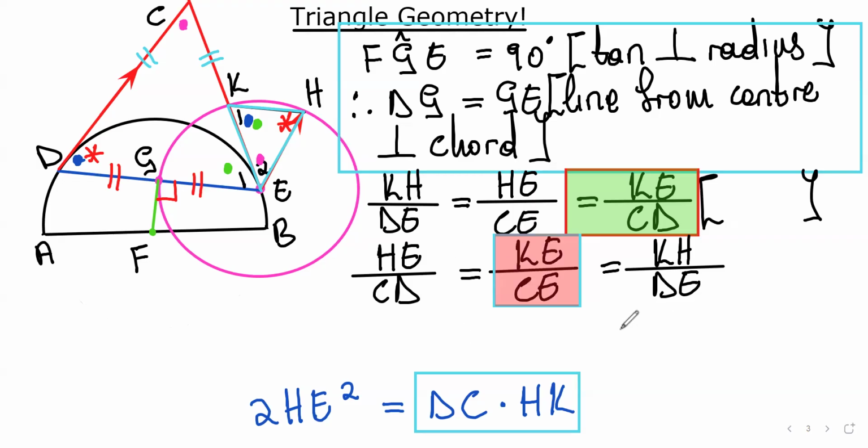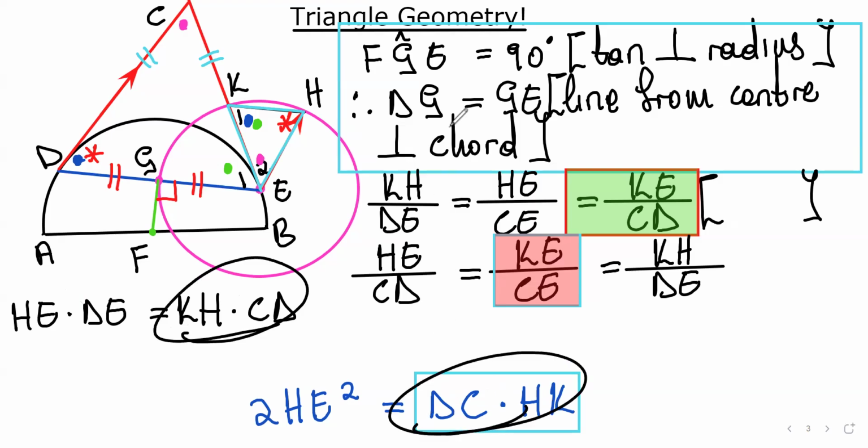So that when we cross multiply here, we are just going to get HE times DE, which is equal to KH times CD. So this one is happy once again.